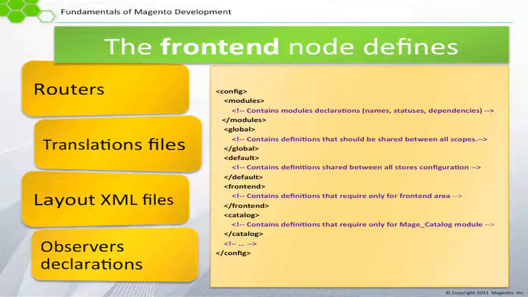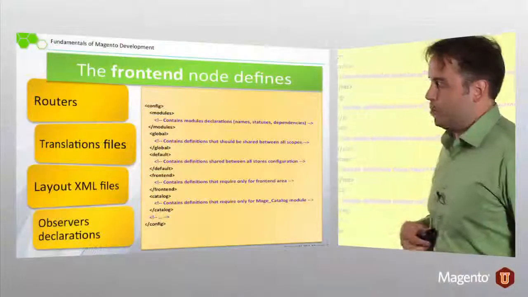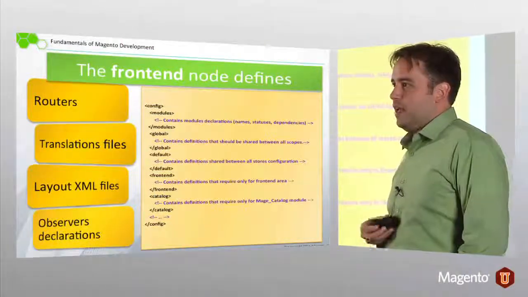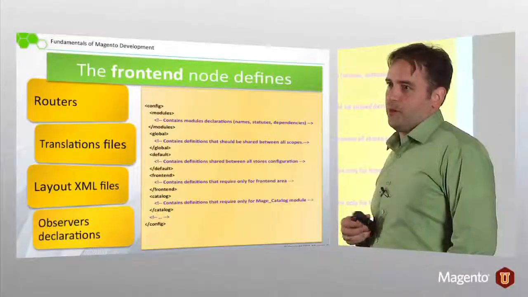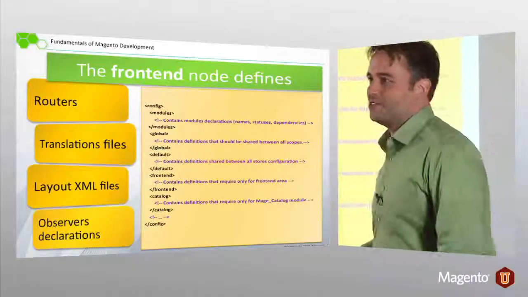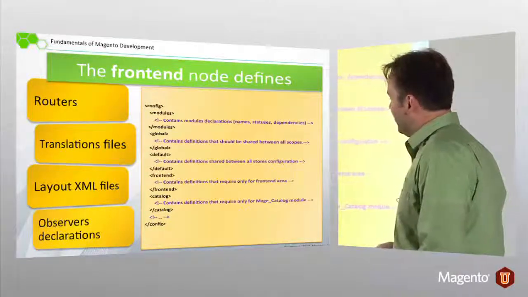In the different area nodes, so for front end or admin, we might set up routers, and these are the things that actually handle the requests that come in and determine how we're going to match that request and dispatch controllers. Of course, we get very tactile with that in a day or so.